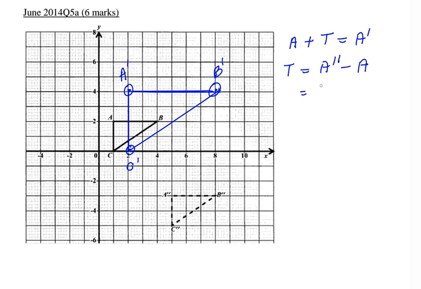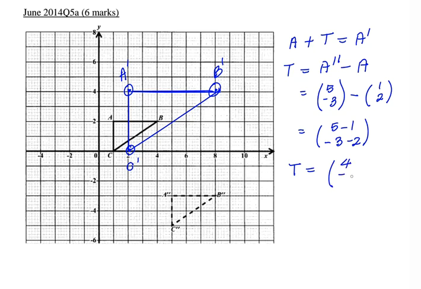The coordinates of A double prime are (5, -3), and the coordinates of A are (1, 2). So this is going to be 5 minus 1 and minus 3 minus 2. So the translation vector T is (4, -5).